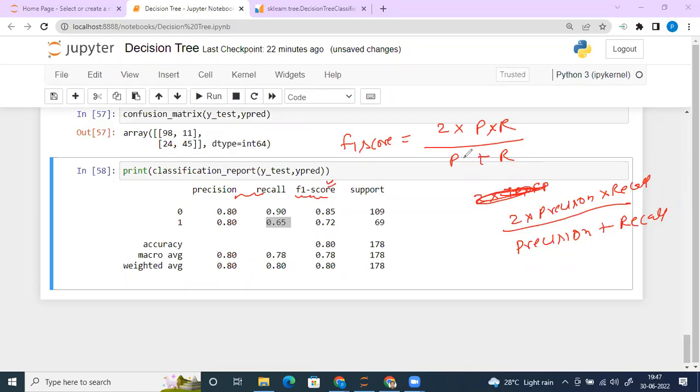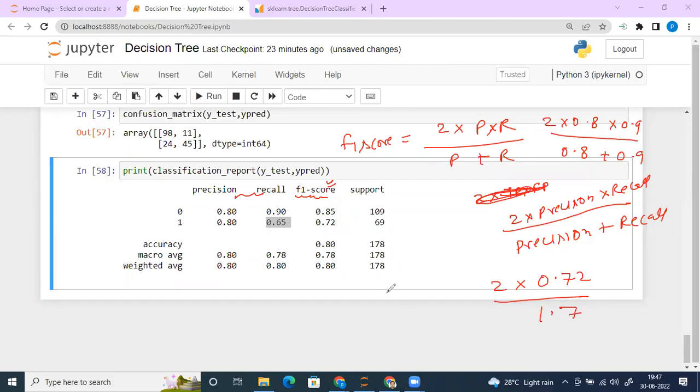Clear, everyone? Please tell me. And you can compute this. What is the 0.8? 2 into 0.8 into 0.9 upon 0.8 plus 0.9. What will it be, everyone? If we do this, I think we will get 2 into 0.72 upon 1.7.